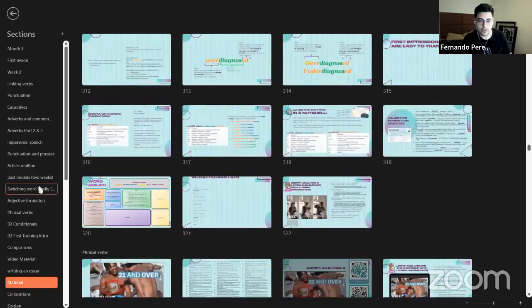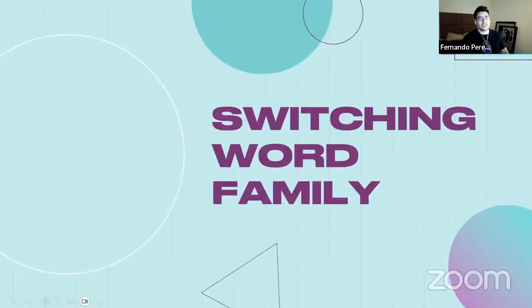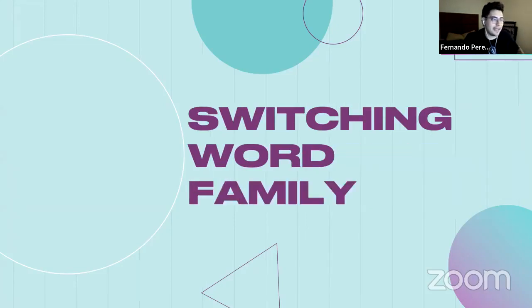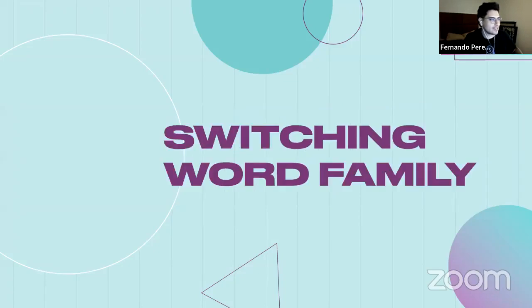So let's go through this first section that is called switching word family. It's a very interesting lesson because the usage of words in English can get confused with one another.